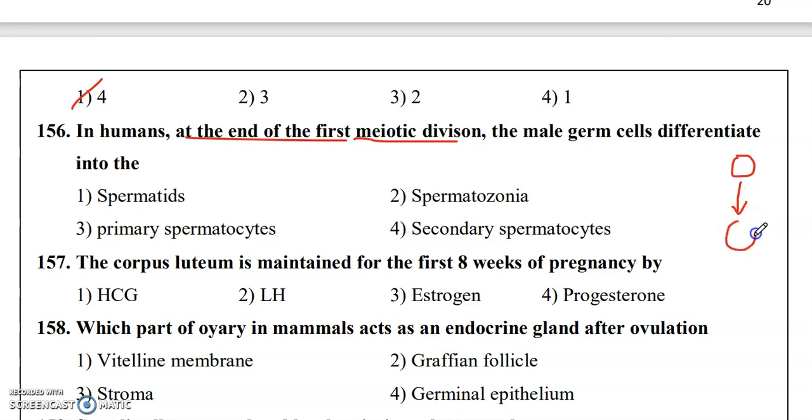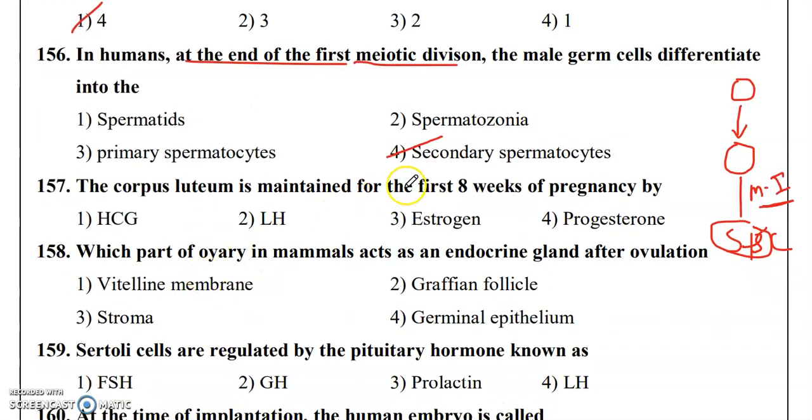Then some of the spermatogonia increase in size and become primary spermatocytes, which undergo meiosis 1 and form secondary spermatocytes. At the end of first meiotic division, what is formed? Secondary spermatocyte.